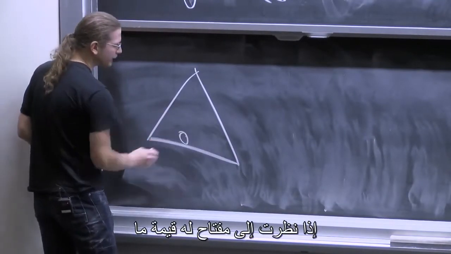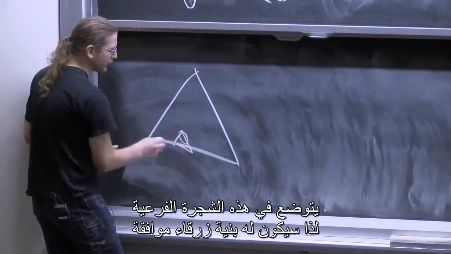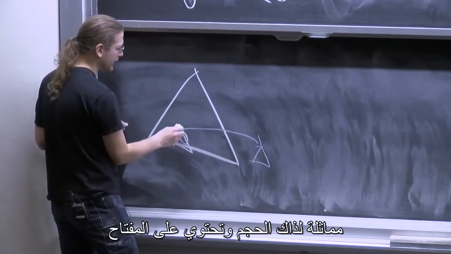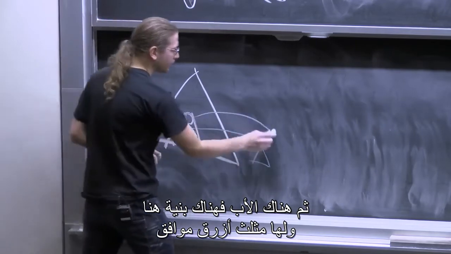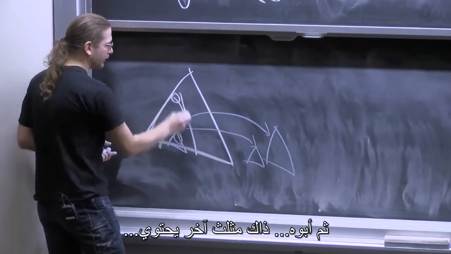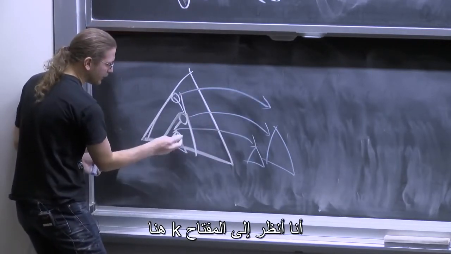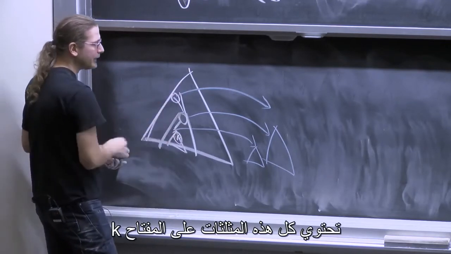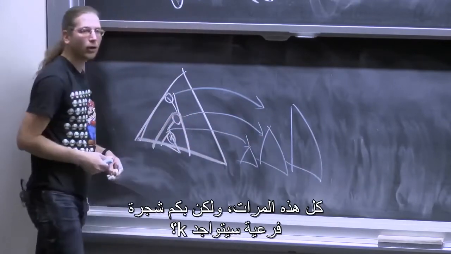If I look at some key value, it lives in this subtree, and so there's going to be a corresponding blue structure of that size that contains that key. And then there's the parent, which has a corresponding blue triangle, and then its parent, another triangle. All of these triangles contain the key k, and so key k will be duplicated this many times.